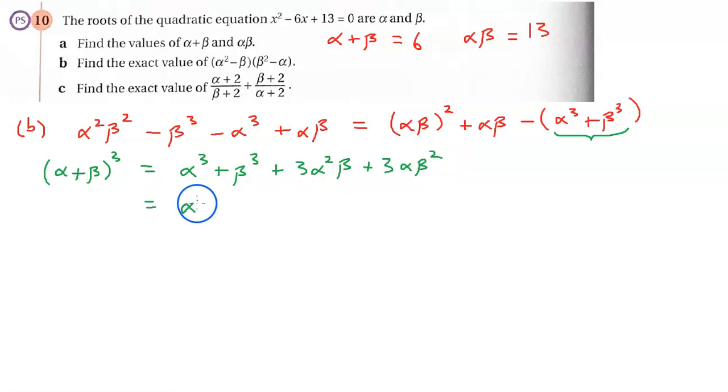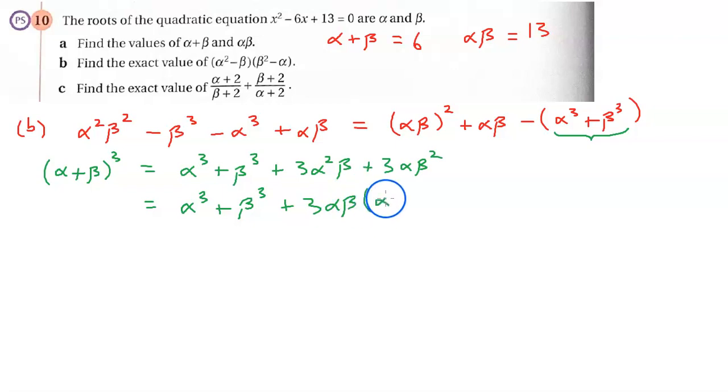So it's equal to alpha cubed plus beta cubed plus 3 times (alpha squared beta plus beta squared alpha). But if you stare at this for a couple of seconds, you can see that they both have a common factor of alpha beta. So we can factor out alpha beta from there.